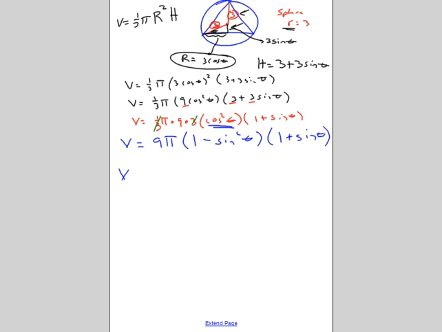And continuing on, we get 1 plus sine theta minus sine squared theta minus sine cubed theta. And oops, I think I made a mistake.